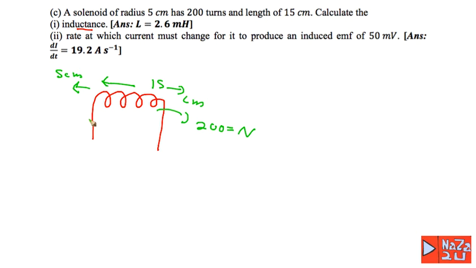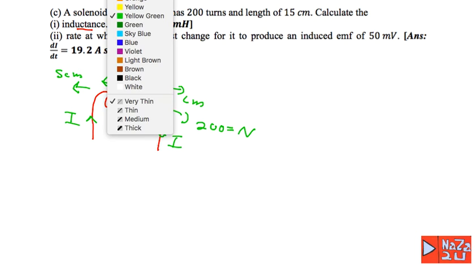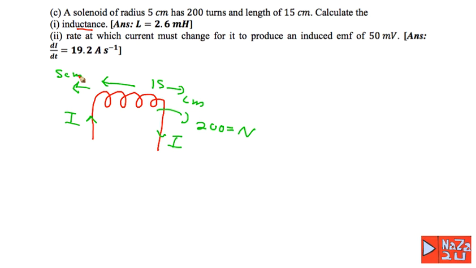So when the current I flows in the solenoid, you have a flux linkage in the solenoid here. So what is the inductance? This is number 1, right?